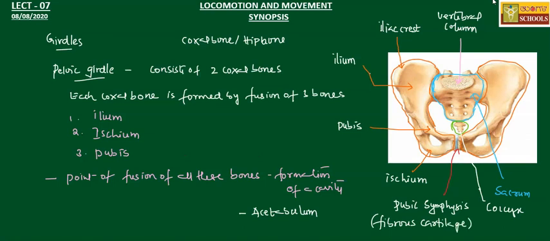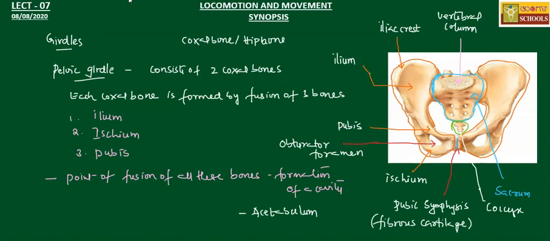You also see a small hole between the pubis and ischium. This is called the obturator foramen.